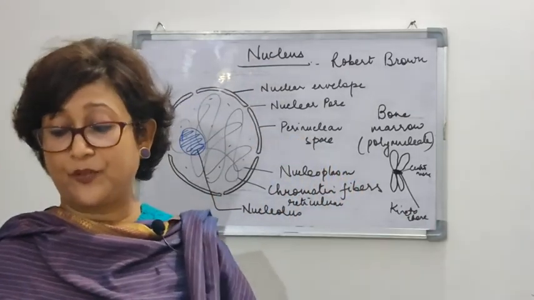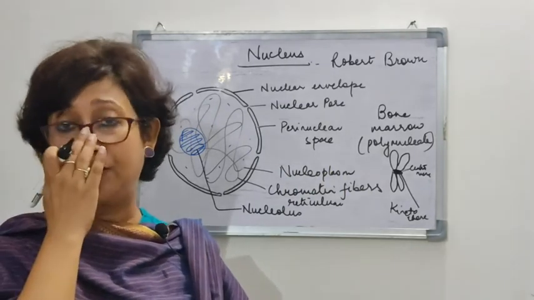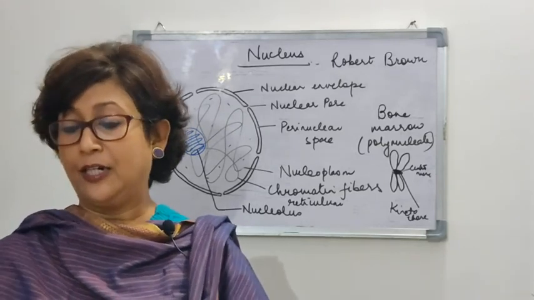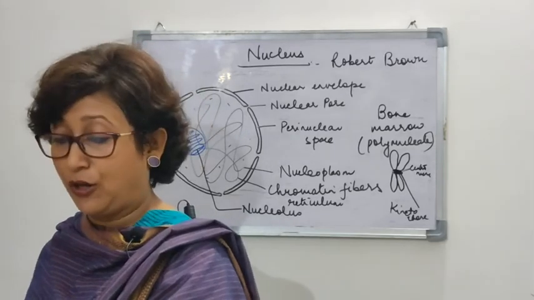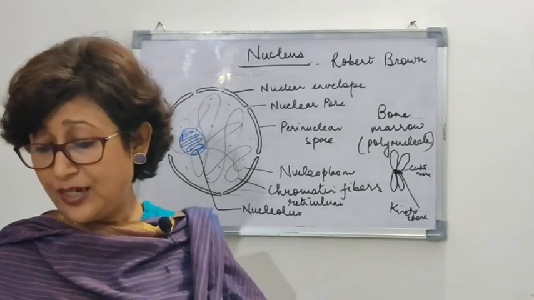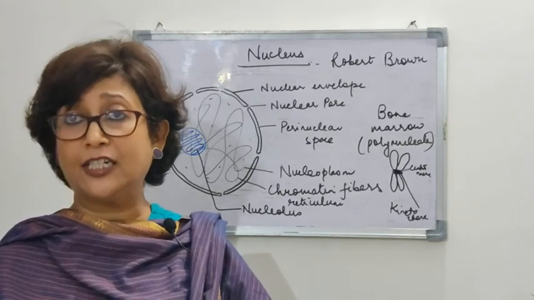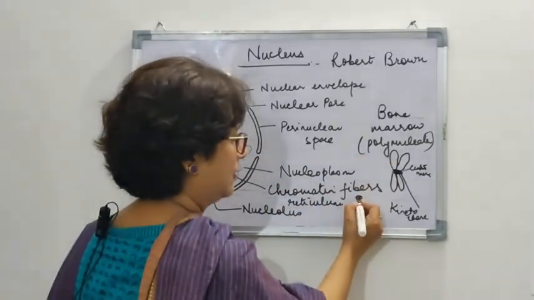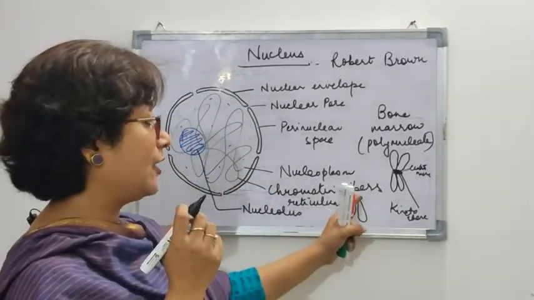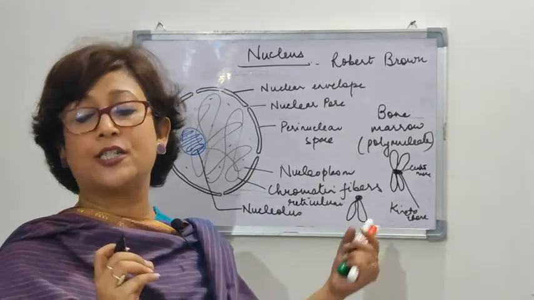Now depending upon the position of the centromere, the chromosomes are named differently, right? If the centromere or this constriction is present at different places, as I told you, if the centromere is right at the terminal end, and these are the two strands of the chromosome, chromatids, right, this is known as the telomere, depending upon the position of the centromere.